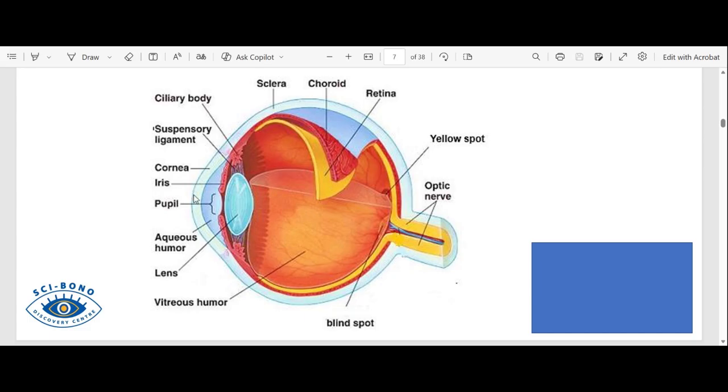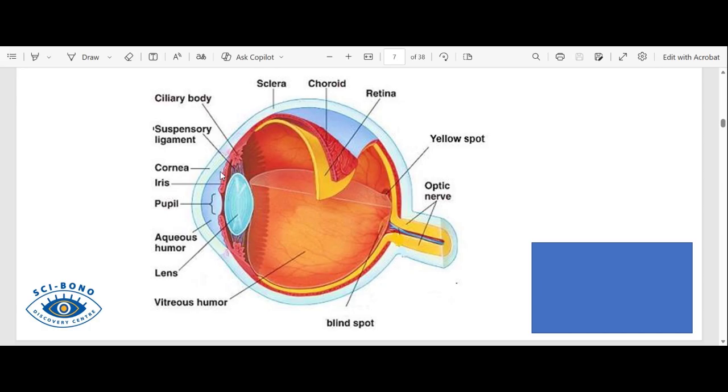Okay? Then there's this fluid that's behind the cornea. The fluid is called the aqueous humor. What's the function of the fluid? The function of aqueous humor is that it maintains the shape of the cornea.